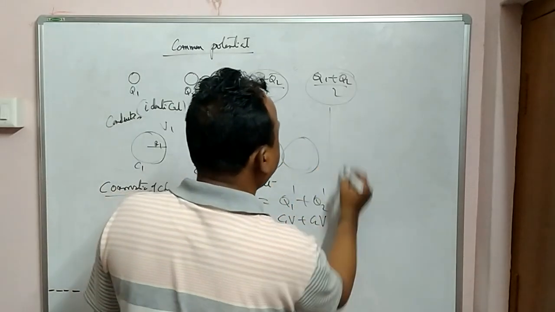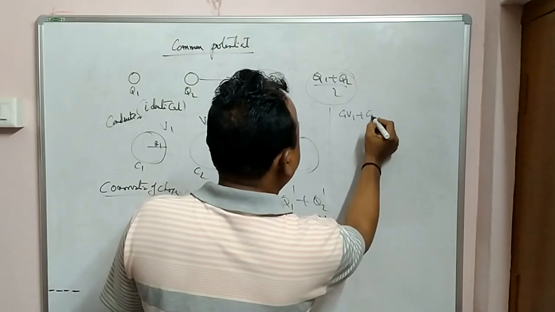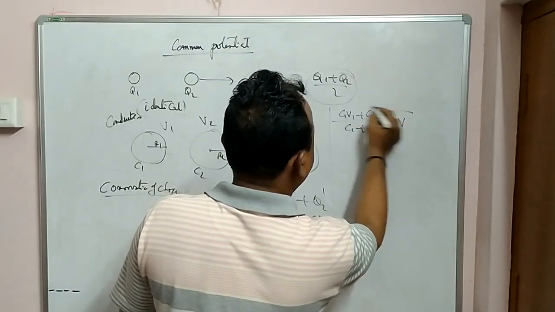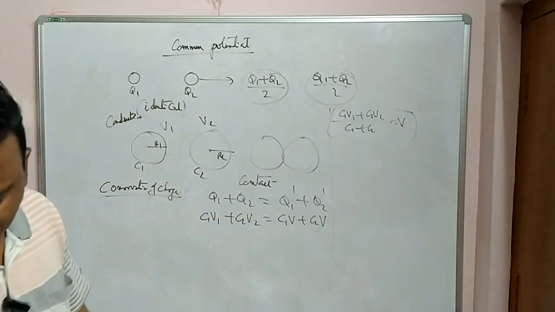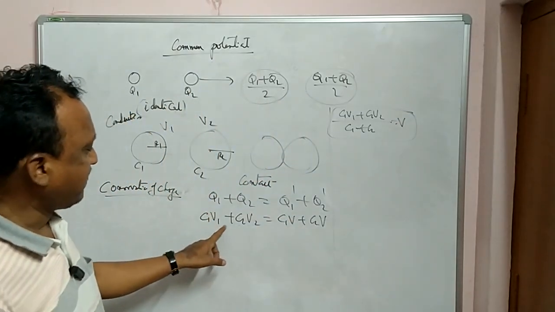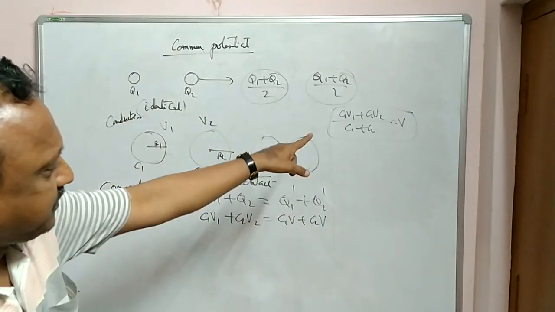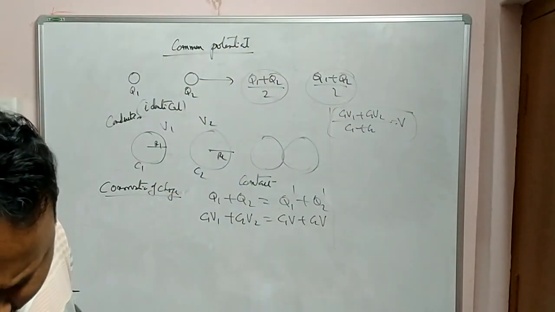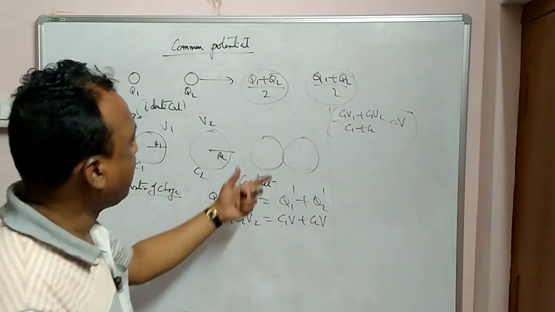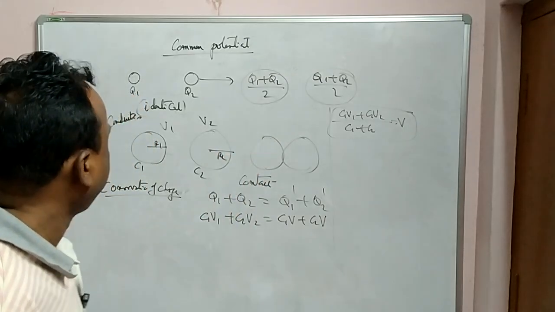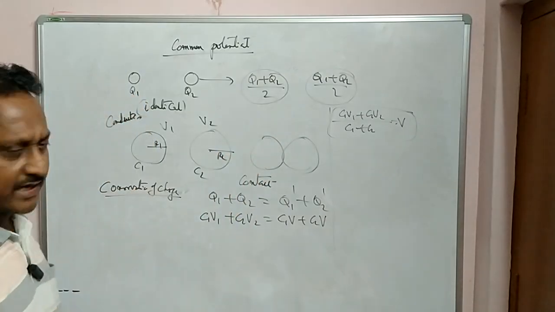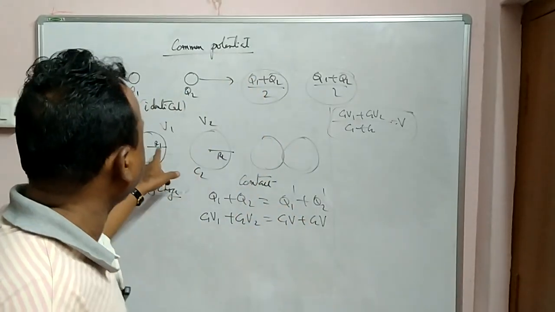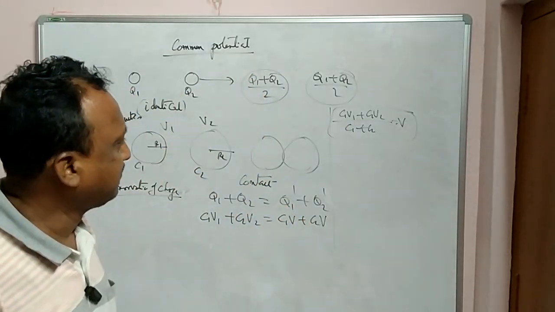C1 V1 plus C2 V2 by C1 plus C2 is equal to V. That is the common potential. So this is how you will be getting for conductors which are not identical, with different values, R1, R2, C1, C2, V1, V2.